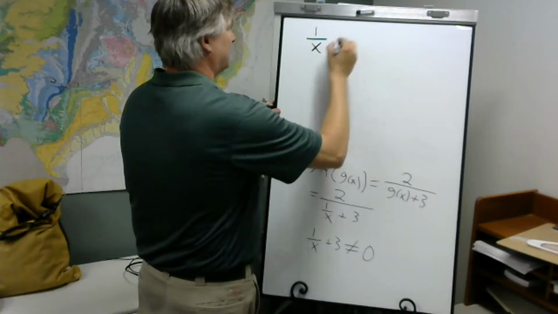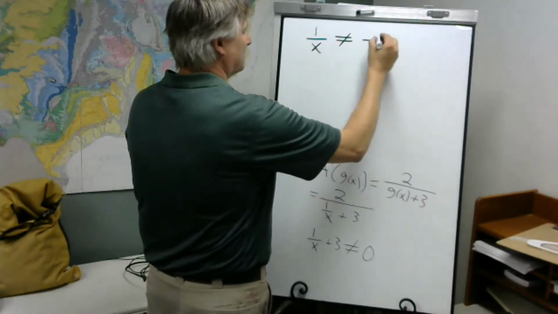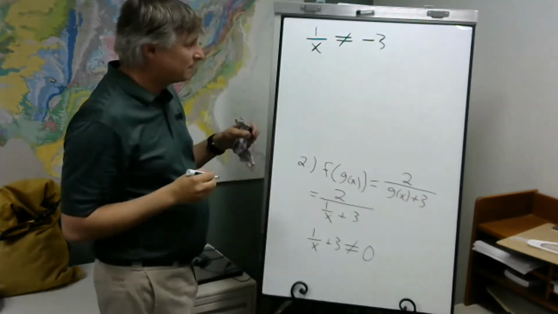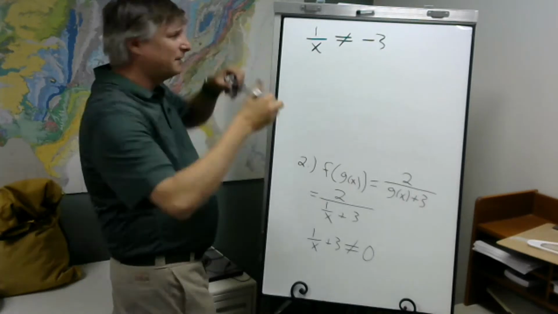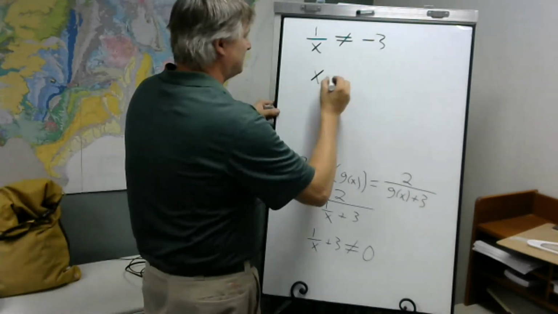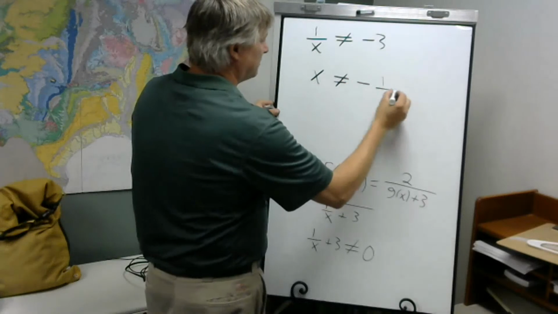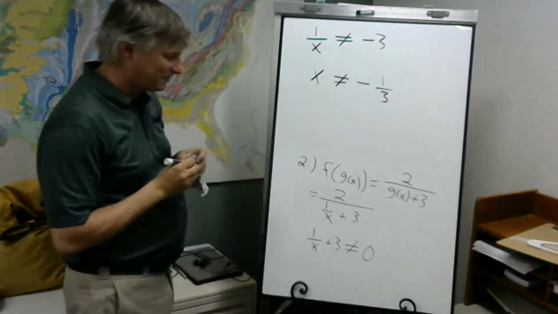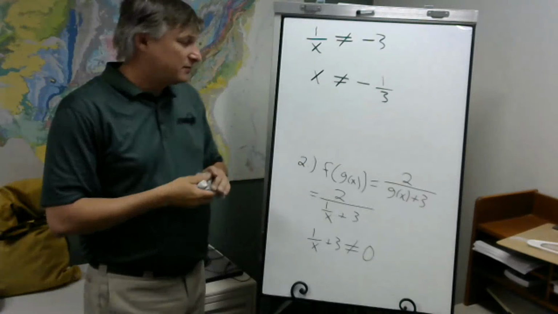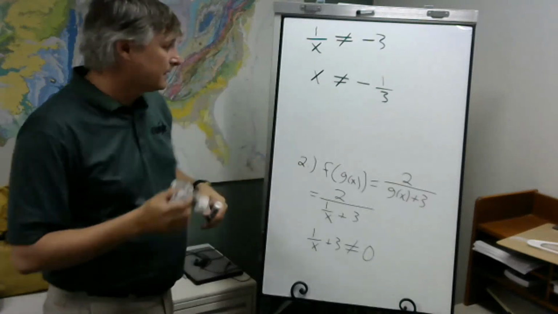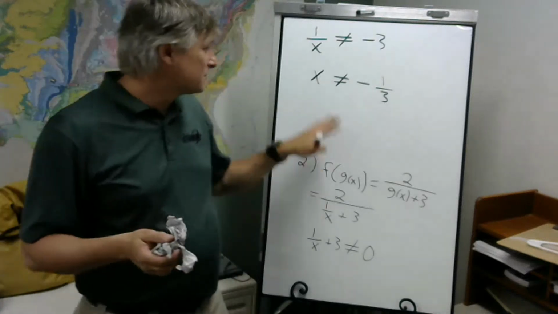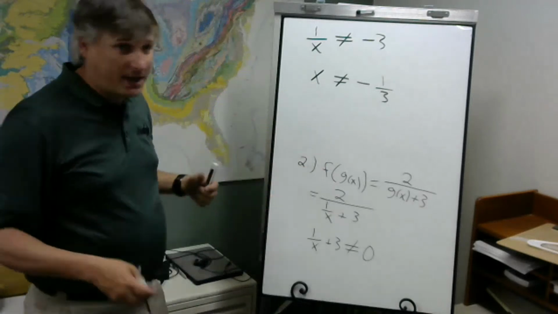Or 1 over x does not equal -3. And we can take the reciprocal of these. X is not equal to -1/3. So what we find out is we have 2 restrictions on x. There's the one we get from g of x, and then there's the one we get with f of g of x.